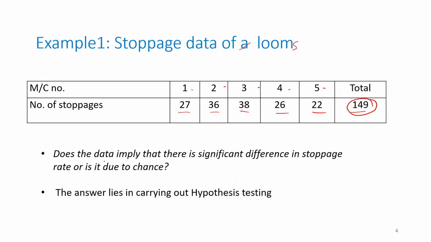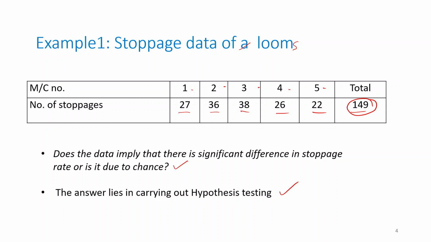Now, what is the question that comes to our mind? The question is, does the data imply that there is a significant difference in the stoppage rate? If this question comes to my mind, whether the stoppage rates between the looms are really different from each other, the answer lies in carrying out a hypothesis test.